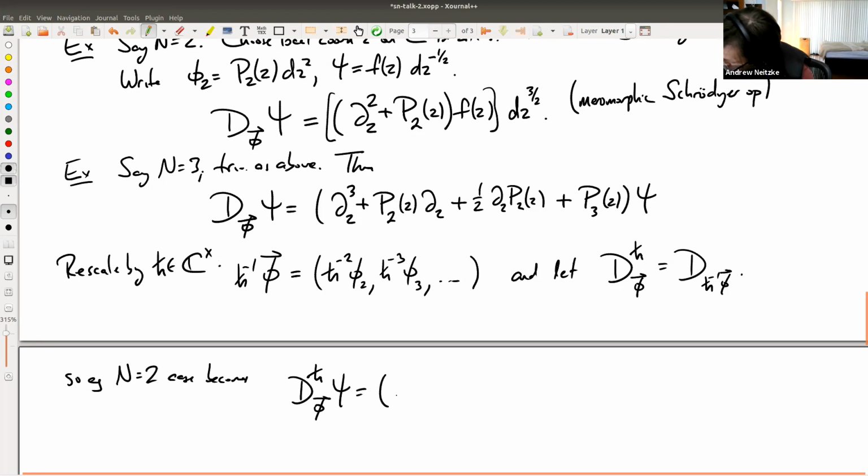Let me go back to my slightly more condensed notation. It is just d by dz squared plus now Hbar to the -2 p2 of z, acting on psi. So we just rescaled the potential part by this power of Hbar.